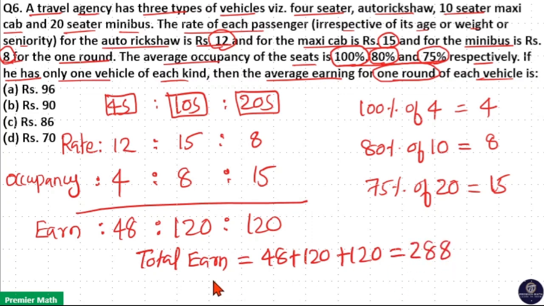Now the average earning is the total earning 288 divided by 3 vehicles, which is 96. So option A is your answer. So the average earning for a vehicle is 96 because there are a total of 3 vehicles.